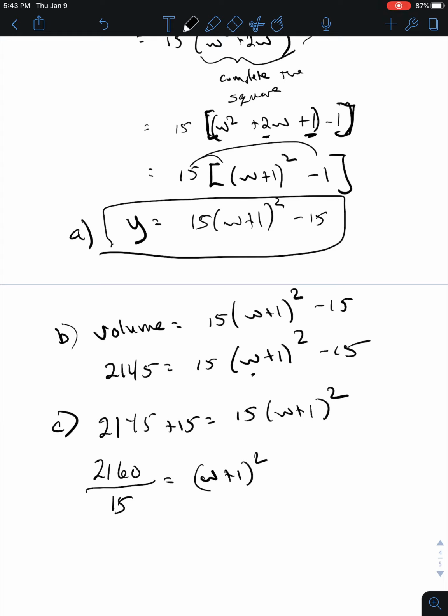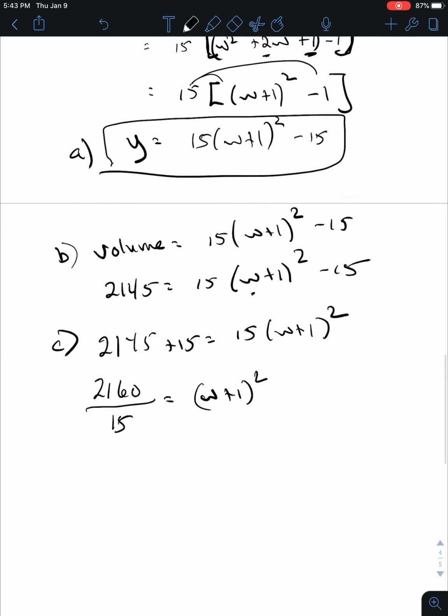And then 2160 divided by 15 should be something. I don't know what it is. We could check it. This is a much faster way than factoring. I don't know, Ms. McCrae. I don't know if this is the way I would do this, because it works out so nicely. So it turns out that 2160 divided by 15 is 144, and that's equal to (W plus 1) squared.